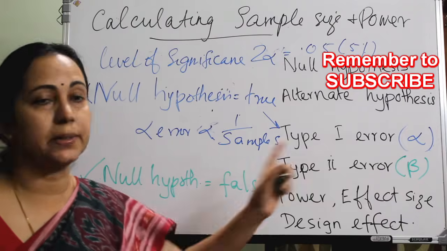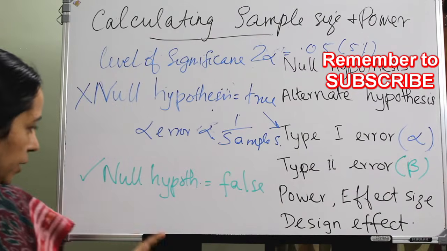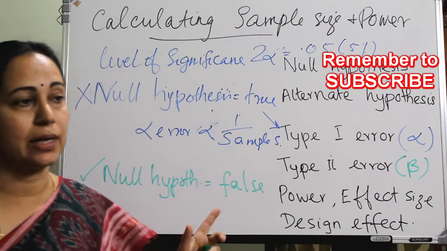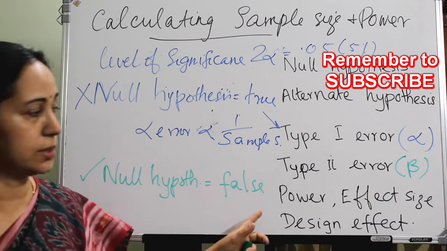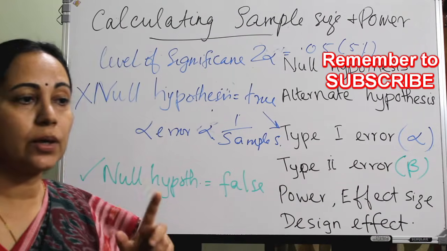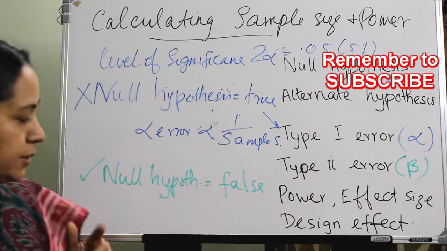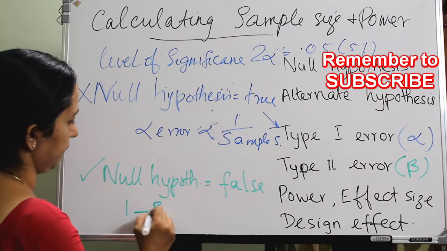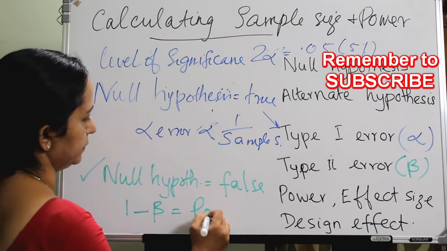That is called a beta error or type 2 error. Okay, investigator fails to reject a null hypothesis when it is false is called type 2 error or beta error, and the opposite of this is called power, that is 1 minus beta is the power.